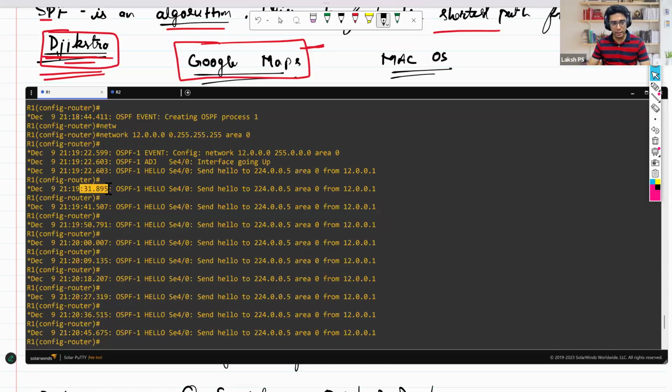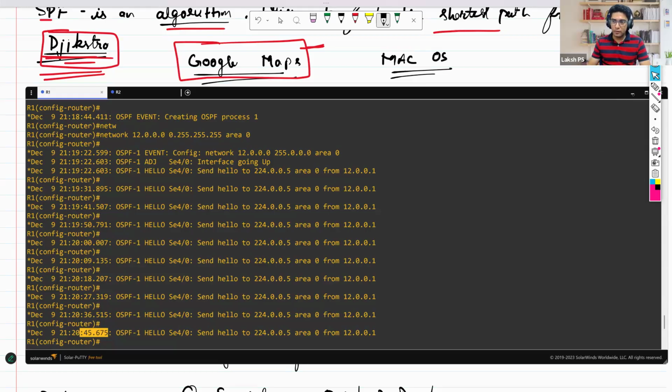After 10 seconds, that is 31, then 41, then 50, then 60, then 10, 18, 27, 36, 45. So at every 10 seconds of interval, you can see OSPF is sending a hello message.